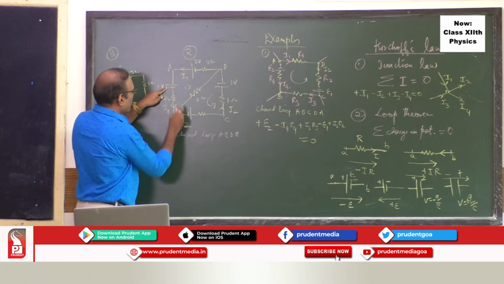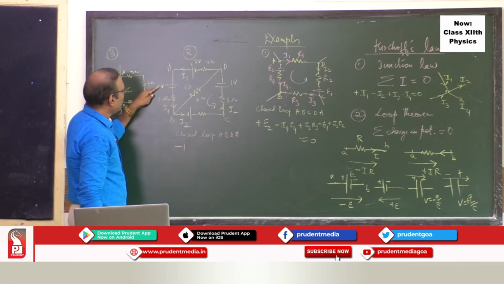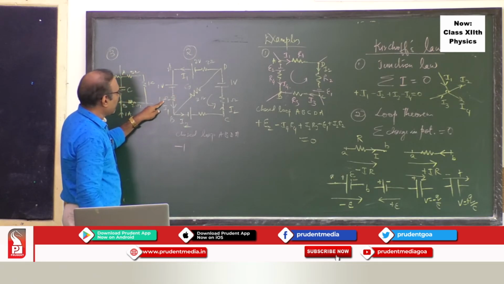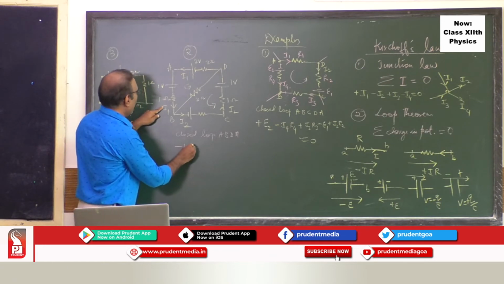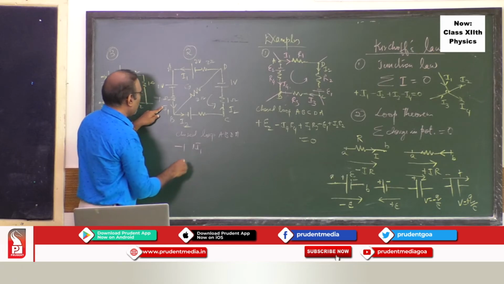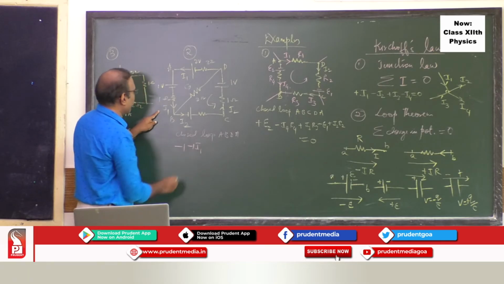I'm going from positive to negative, so you take minus 1. I have 1 ohm resistance here. I1 is the current, so 1 into I1, in the direction of the current, negative.